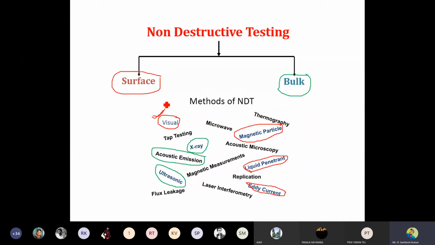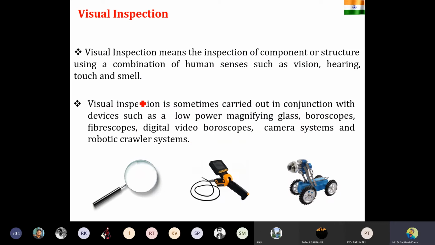Then we will go on to some more details about this visual inspection. Sometimes you may also want to take the help of some kind of visual or optical aids which help you to visualize.